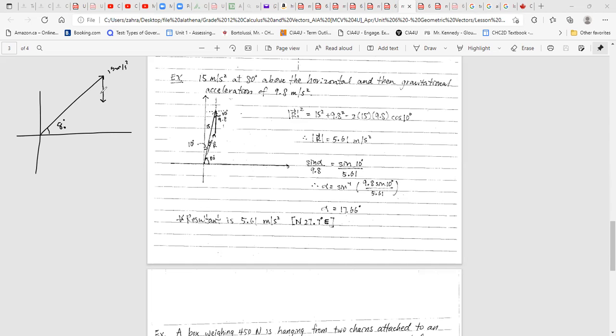This is 9.8, and this is a vector. I want to find the addition of these two vectors. If I put them back to back, this would be the addition of the vectors.